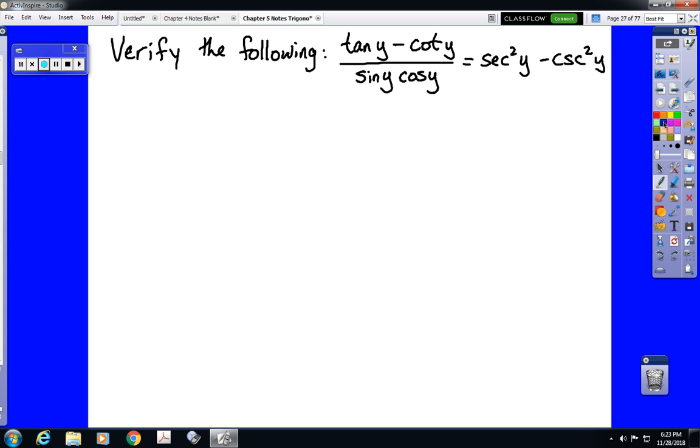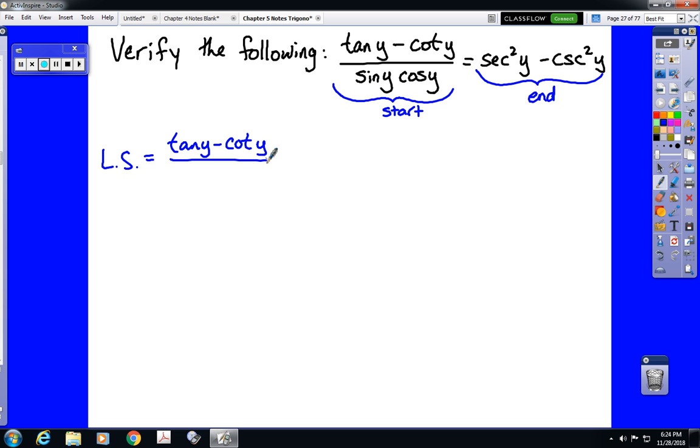Okay, so this one should be relatively obvious to tell which side is more complex. That would be the left side. So we are going to do the left side as our starting point, and we are going to turn it into the right side. That's going to be our ending point. So the left side is tangent y minus cotangent y over sine y times cosine y.